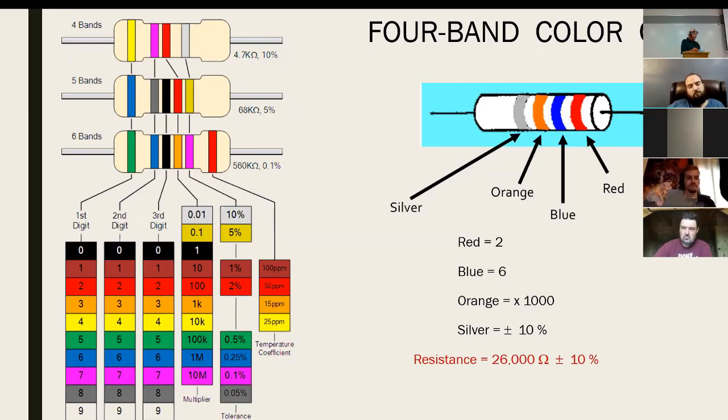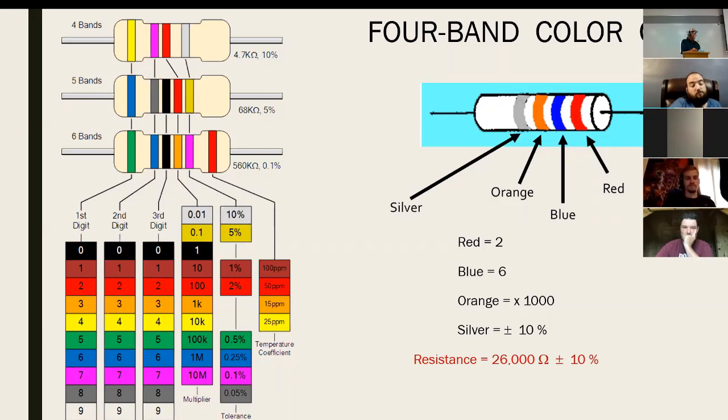So I've got 26. But the third stripe in a 4-band color code is a multiplier. And in the case of orange, it is 1,000. You see that the number is 3, 10 to the third. It's 1,000. So the first stripe's a number, the second stripe's the second number, and the third stripe is a multiplier.